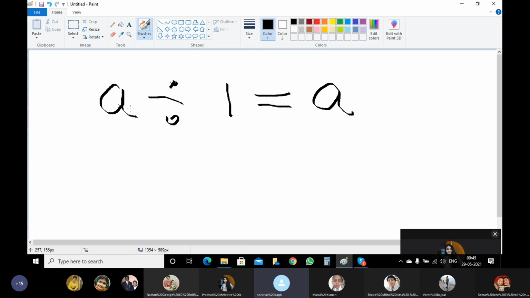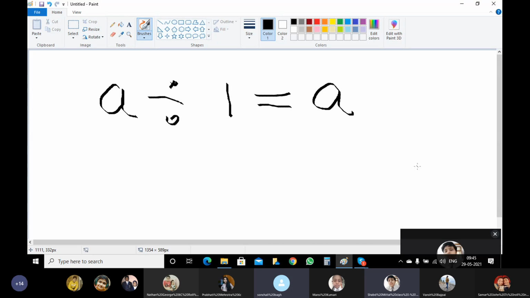If an integer, be it positive or negative, is divided by 1, then it is equal to A. Understood? So if I am dividing minus 2 by 1, what should be the answer? Minus 2. If I am dividing minus 1 lakh by 1, then the answer will be minus 1 lakh. Understood the concept? Yes.